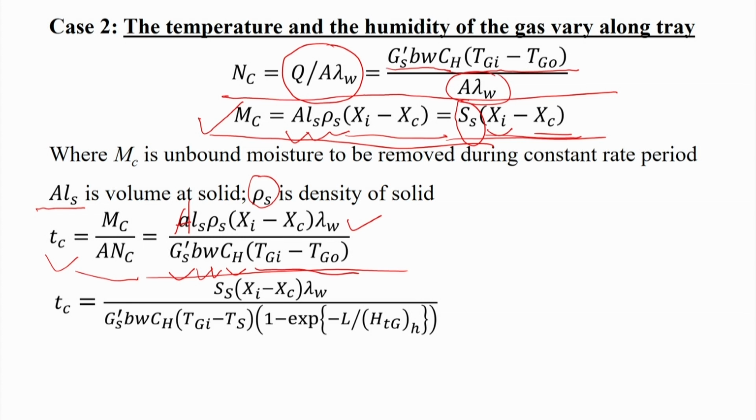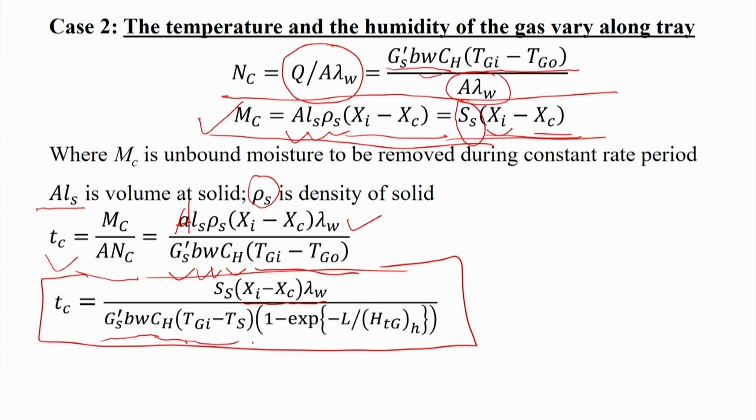Finally, by manipulating this, we have Nc in the form of Gs prime into B into W into Ch into (TGI minus TG out) by A into lambda W, and we put it here. A is struck out from numerator and denominator, and then we get Tc is equal to Ss into (Xi minus Xc) into lambda W by Gs prime into B into W into Ch into (TGI minus Ts) into (1 minus exponential of minus L by HTG).